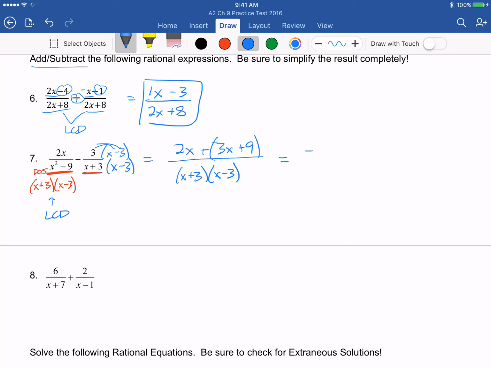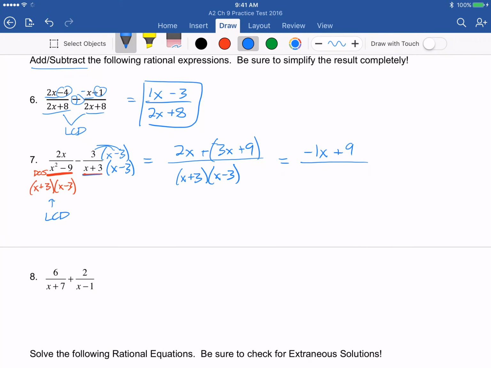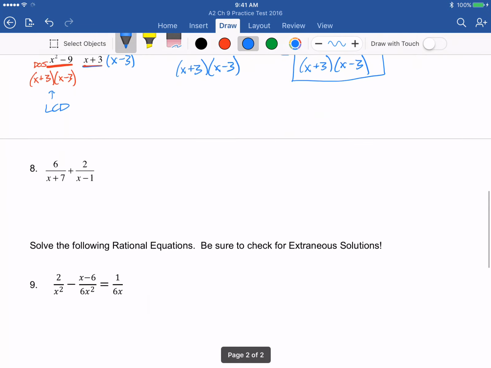So this is going to be negative 1x plus 9 all over that common denominator, which is x plus 3 and x minus 3. So you don't have to FOIL that bottom out. This is good just how it is. So get that least common denominator.